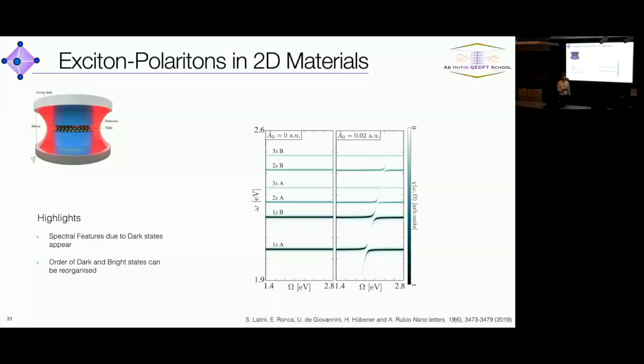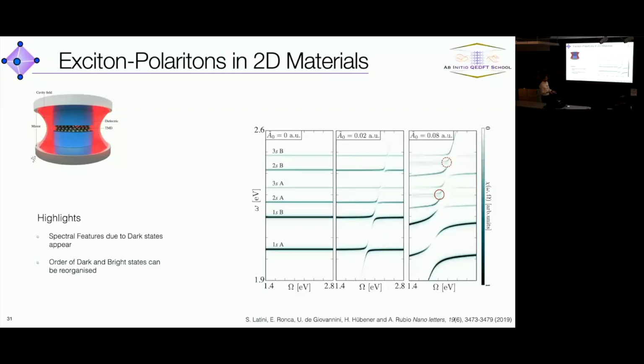But the nice thing comes if you are in a much stronger coupling regime, because what happens now is that, first of all, the Rabi splittings are ginormous, right? So you start pushing bands across each other. On top of that, you start activating transitions here and here, which were not there before.